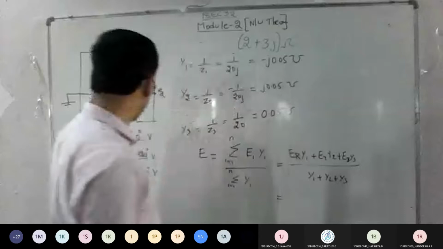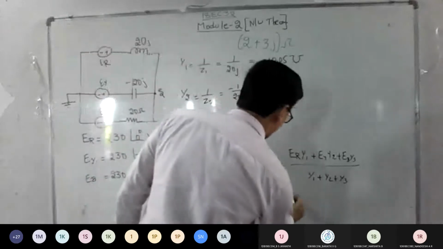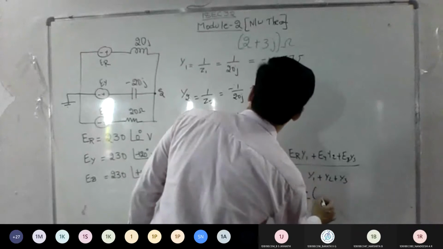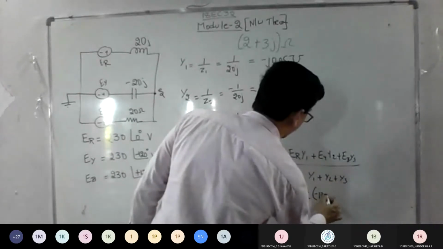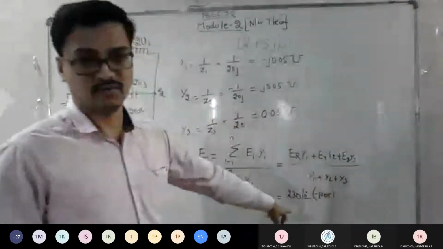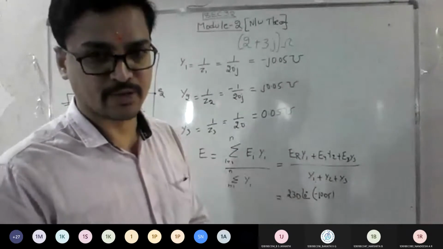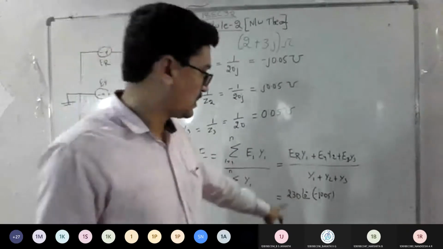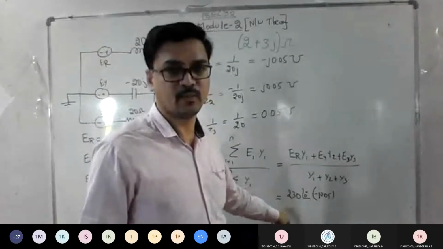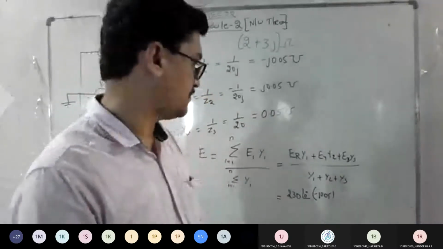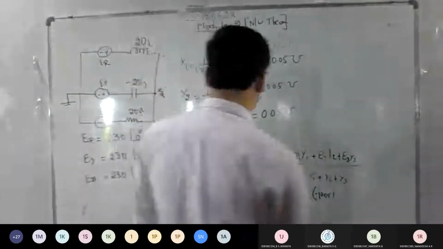So you know that ER is given as 230. So 230 at an angle 0 multiplied by your minus j0.05. Now look here. One is in rectangular form, one is in polar form. If you want to do it in calculator complex mode, convert this polar to rectangular. So what is 230 at angle 0 equal to? Just check and calculate there.